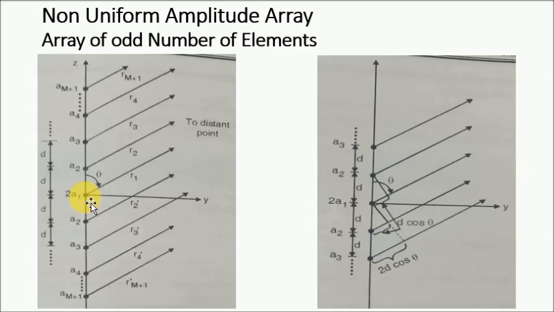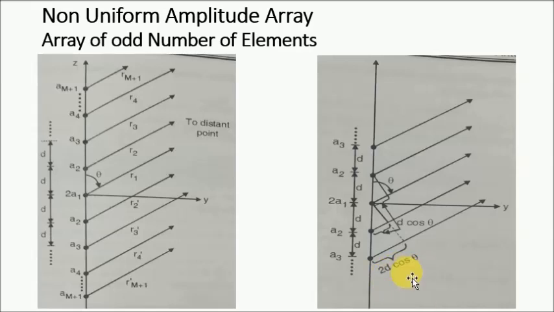Now for the sake of convenience, because we know that this is a non-uniform array, I assume it has an amplitude of twice a1 as compared with the even number of elements. So here if I have taken theta, then in the first case it is d cos theta, in the second case it is 2d cos theta, and likewise it will be 3d, 4d, etc.